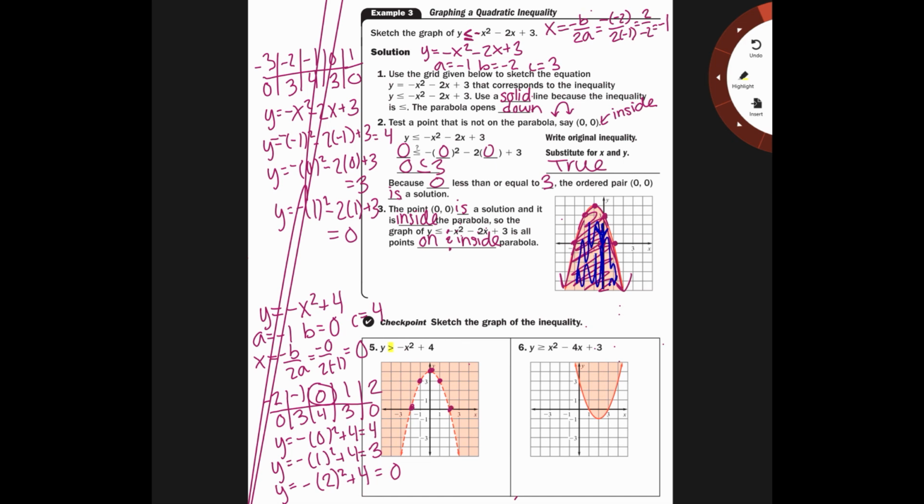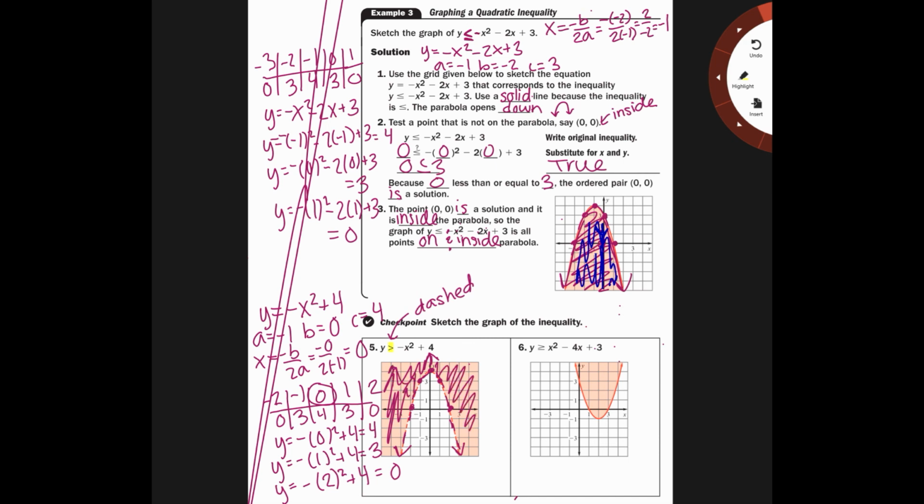And I know because this is greater than, I need to make a dashed line. There's no line underneath that says equal to, so it has to be a dashed line. Okay. And then my way says y is greater than. Well, y is greater than goes up, and up goes outside, so I have to shade outside.